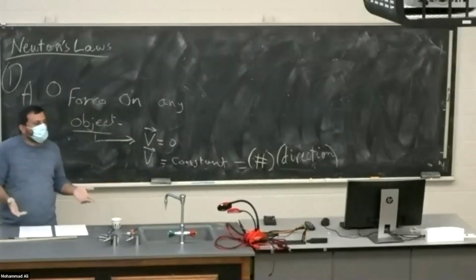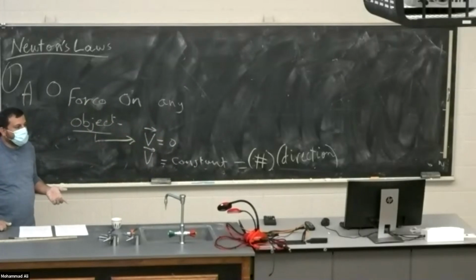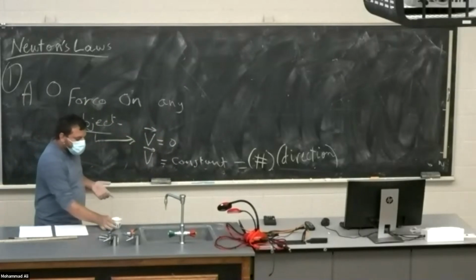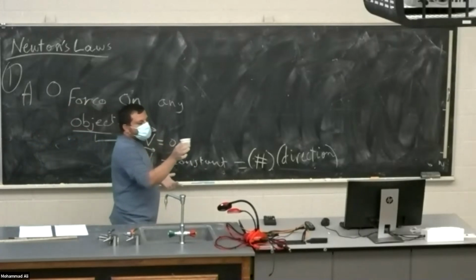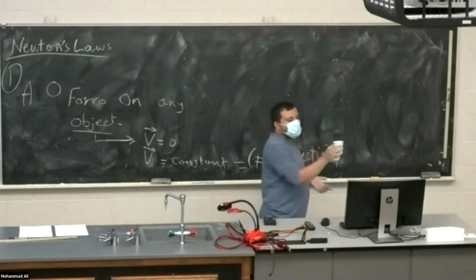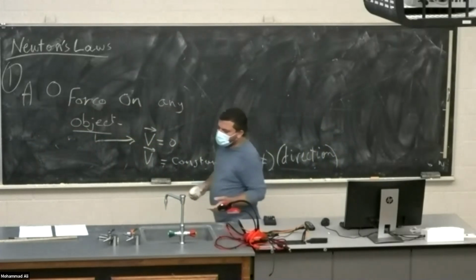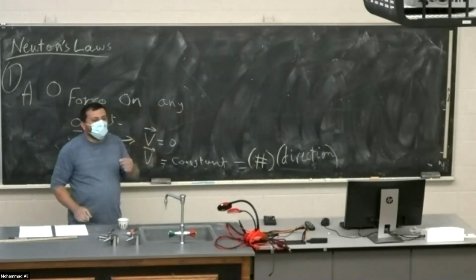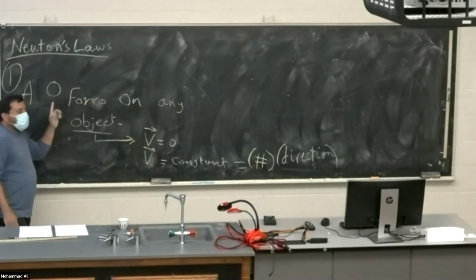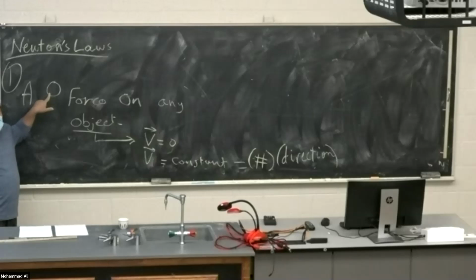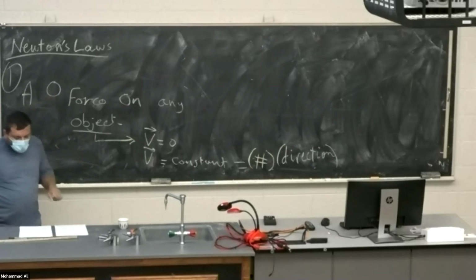It will not change its motion, right? Also, if it is moving with constant, uniform velocity, it will not change. It will stay like that. This is the first Newton law. It is the law of the 0 force and the 0 acceleration. It is simple.